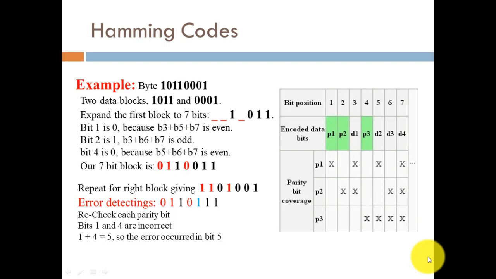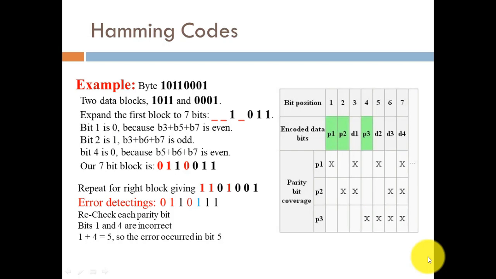Parity bit 1 affects the first, third, fifth and seventh places, parity bit 2 covers the second, third, sixth and seventh bits, and the third parity bit covers the fourth, fifth, sixth and seventh bits. This signifies which parity bit covers which erroneous positions.